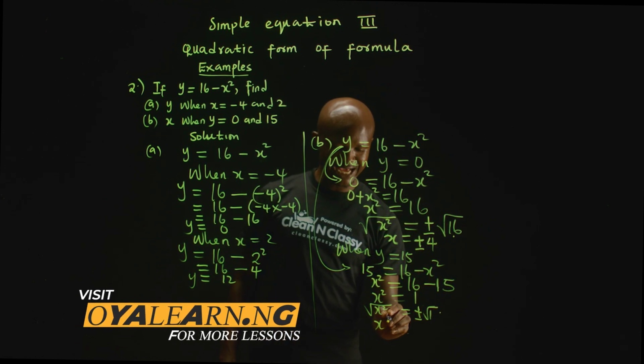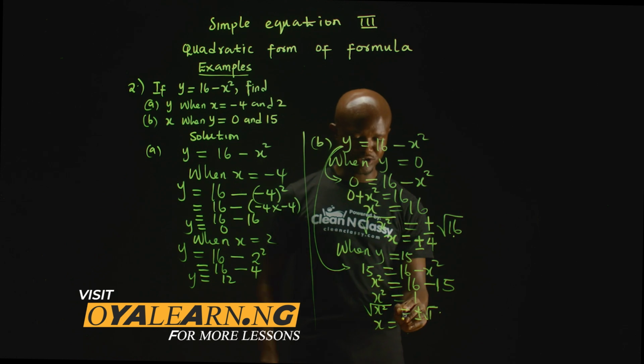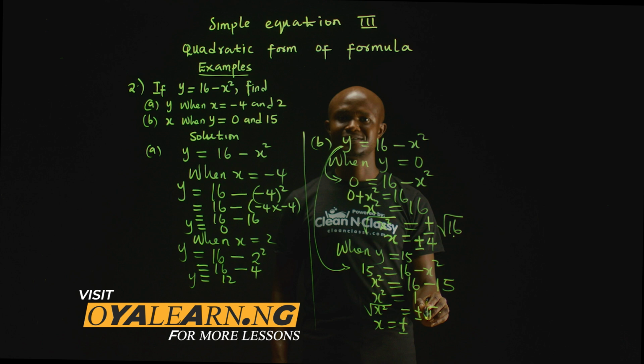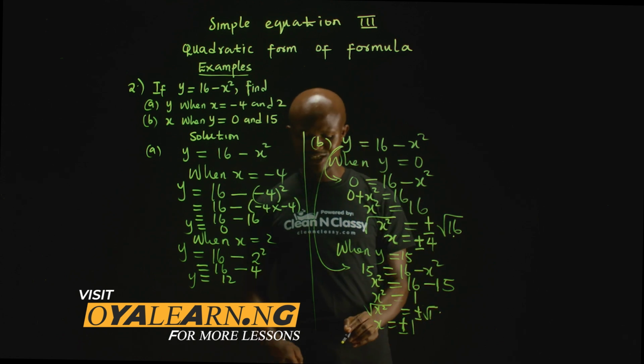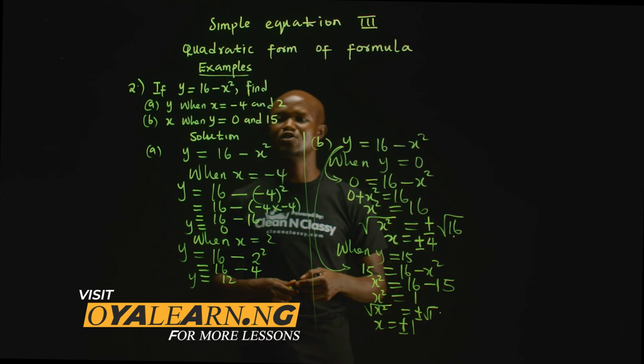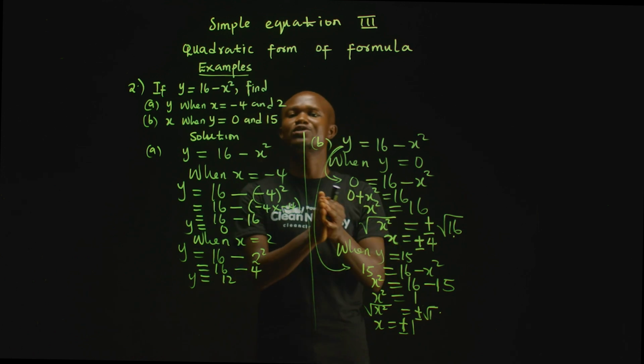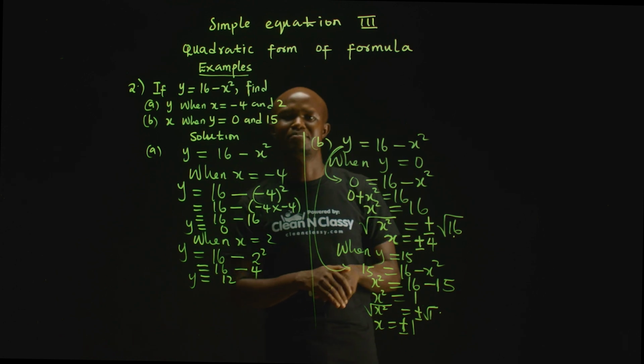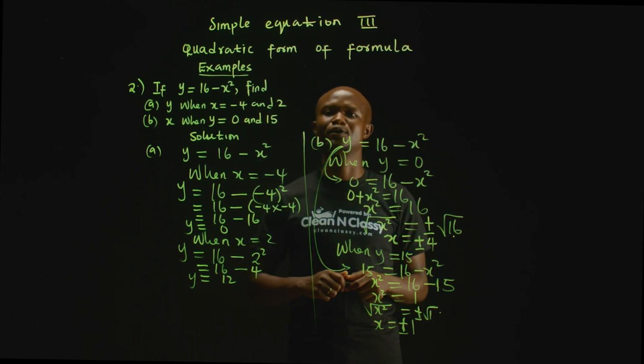So we have x equals plus or minus square root of 1. That is 1. So x equals plus or minus 1. So it means that when y equals 15, the value of x equals 1 or minus 1. That is the solution to the problem. Thank you.